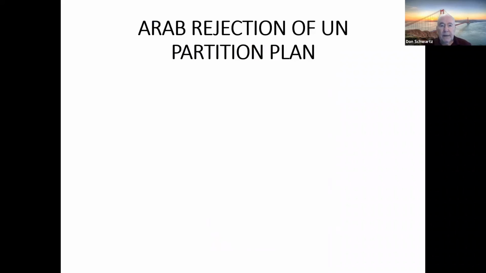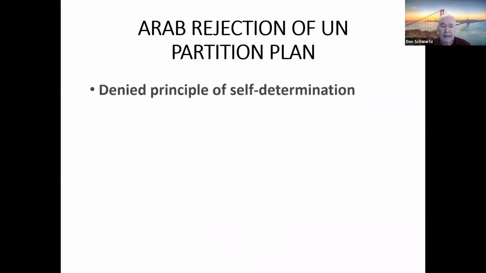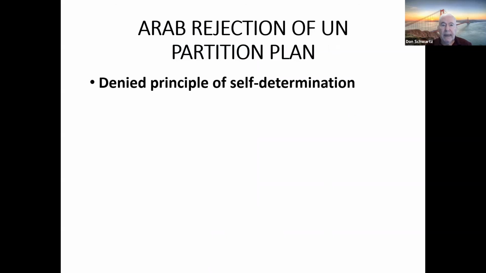And the arguments that Palestinian Arabs gave for rejecting the partition plan were that, first of all, it denied Arabs the principle of self-determination. That is, they claimed that the partition plan was taking away land that was rightfully theirs, and that since a majority of Arabs lived in that land, they should have the right to determine which government should rule them.